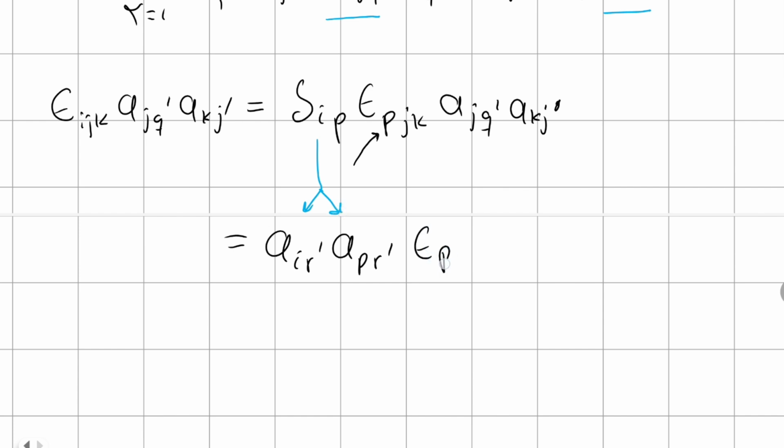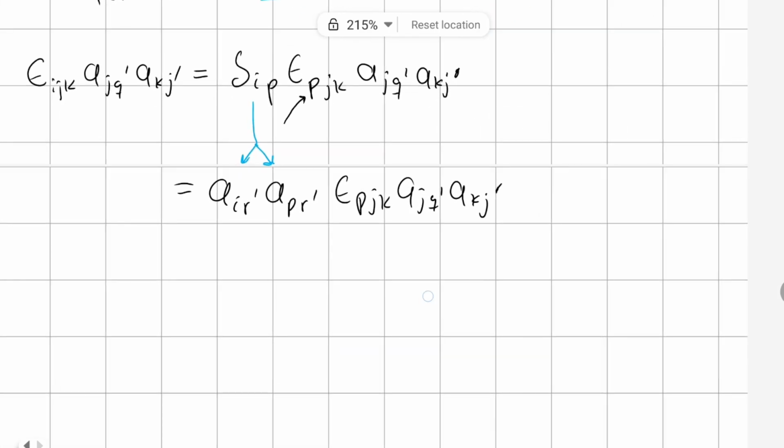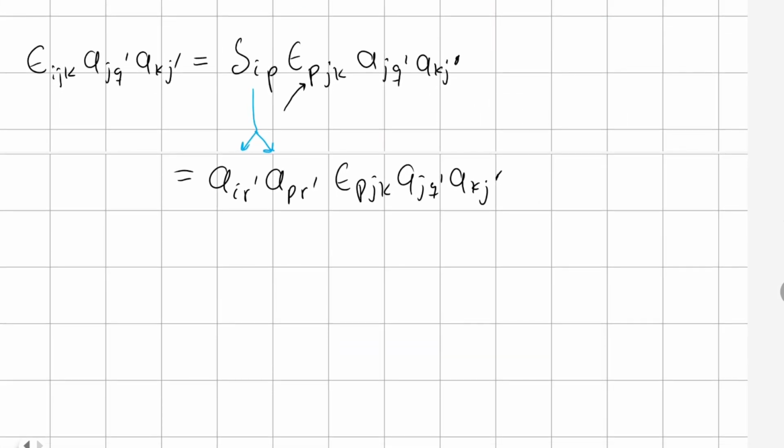Then the Levi-Civita ε_PJK, A_JQ', A_KJ'. Let me rewrite this as A_IR', Levi-Civita ε_PJK, A_PR', A_JQ', A_KJ', like this.